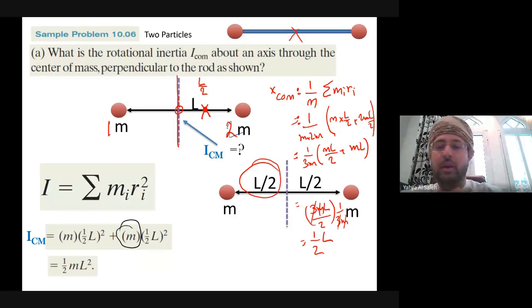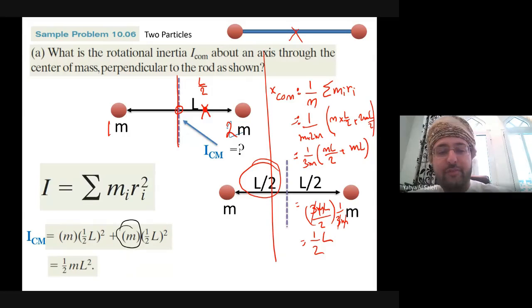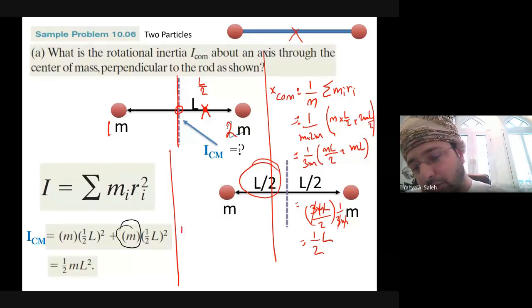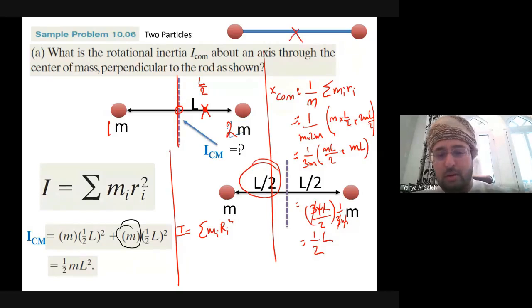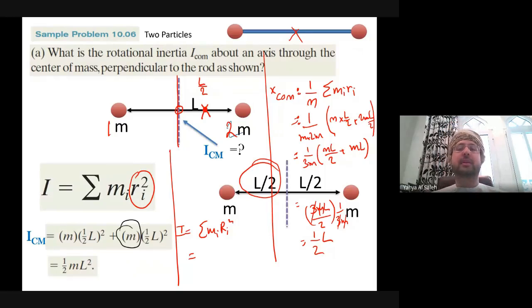Okay, Dr. Okay, and you don't actually need to find the center of mass first to find inertia. We can find inertia directly. So inertia is sum of m_i r_i squared, right? Now, the only rule for r, this r does not need to be r_COM. It just needs to be the same for all the particles.